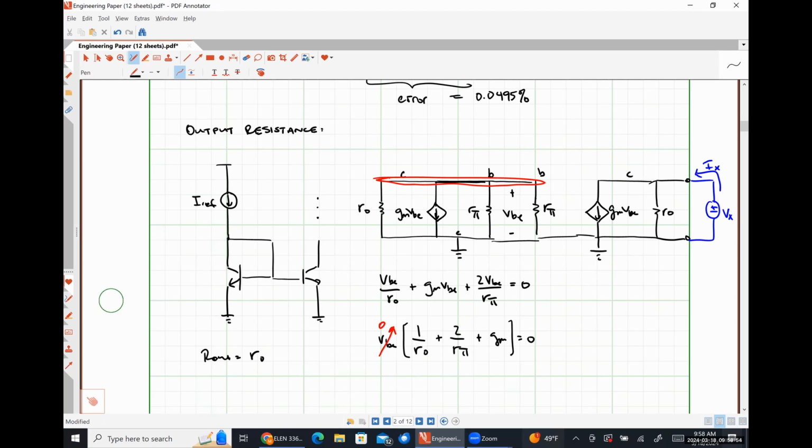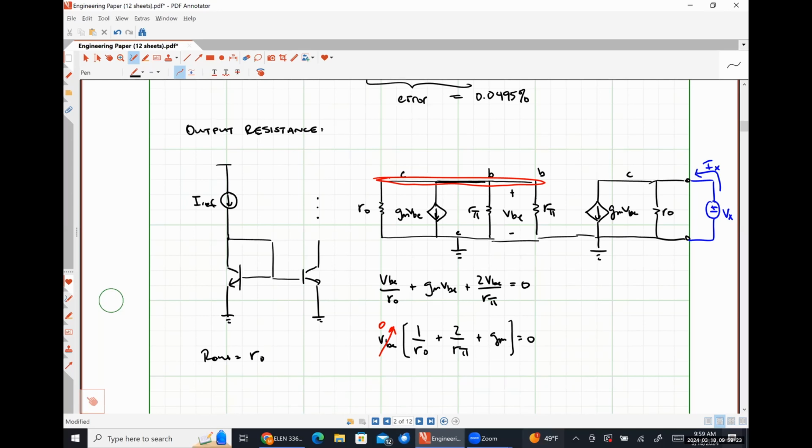So the current mirror, as we've learned it here, has the exact same output resistance as just a simple single transistor current source, which should make sense because realistically, that's what we're using it as. Okay. All right.